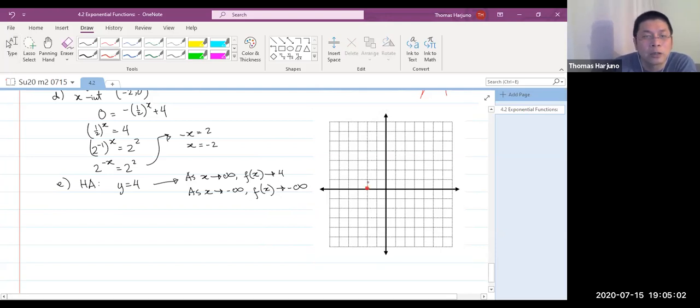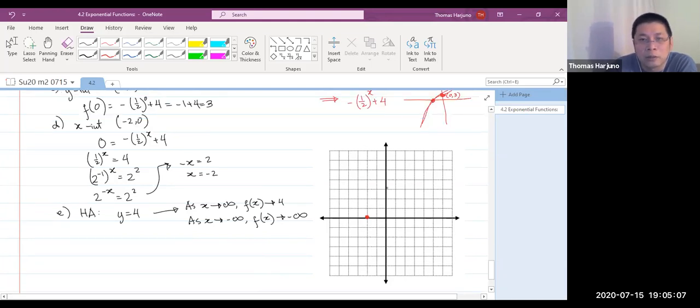The y-intercept is (0, 3) as I remember. And then the horizontal asymptote y equals 4. This is the horizontal asymptote, y equals 4.